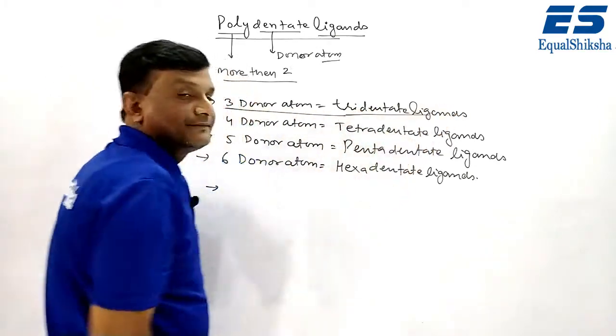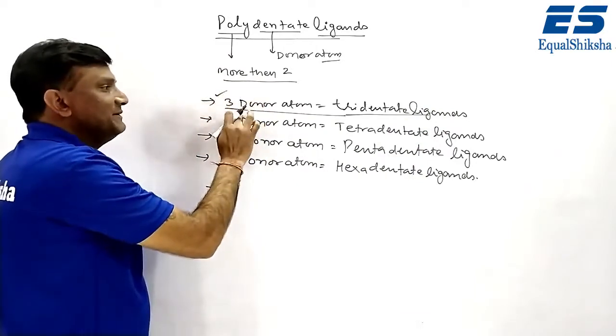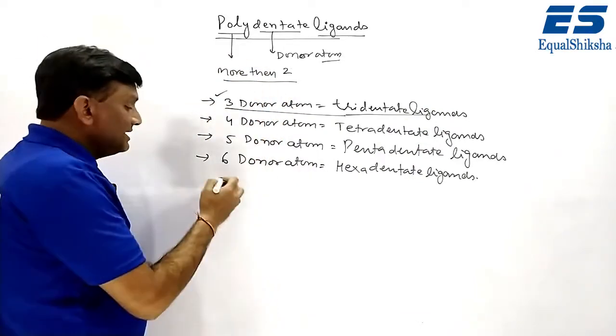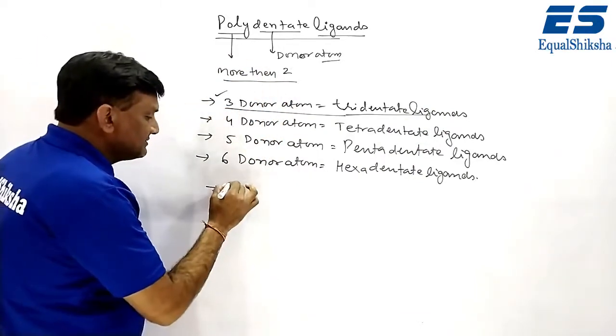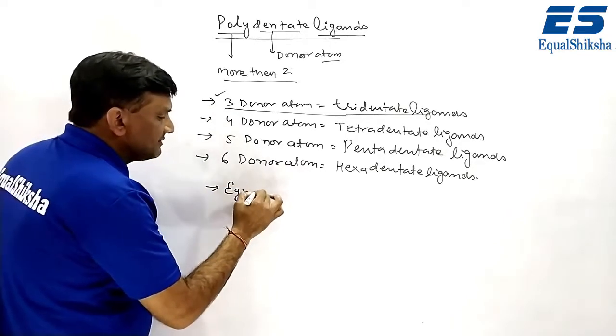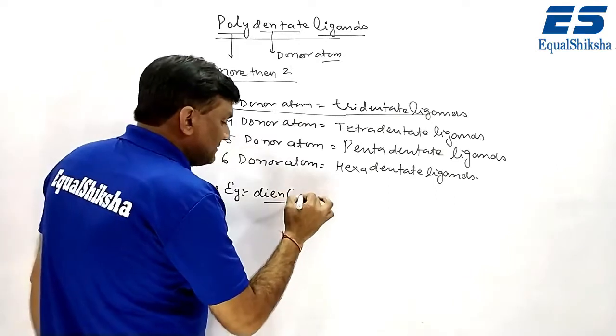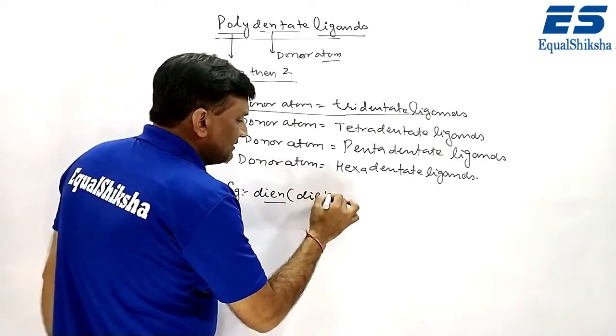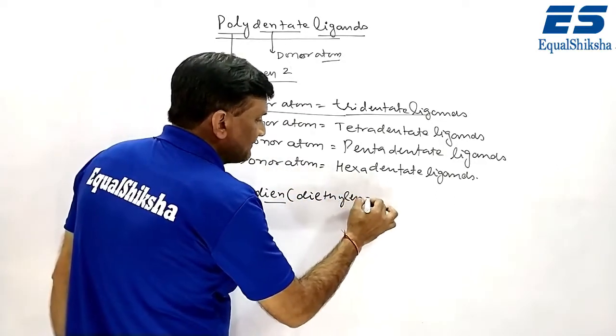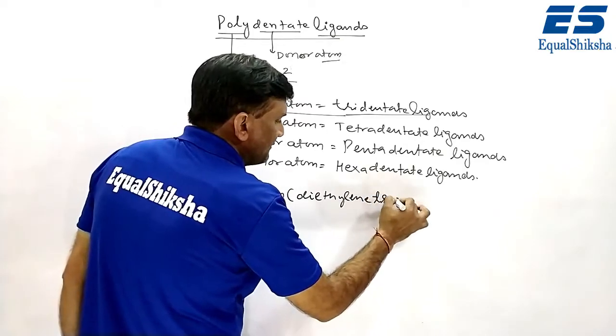Suppose there is a tridentate ligand, as we discussed, with 3 donor atoms. Its best example is dien. Its full form is diethylene triamine.